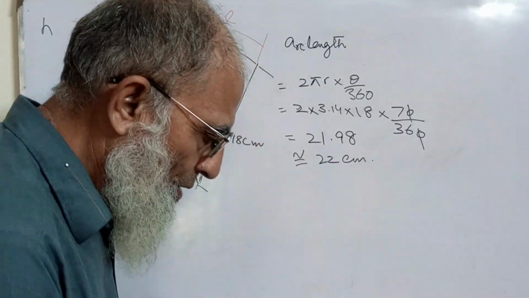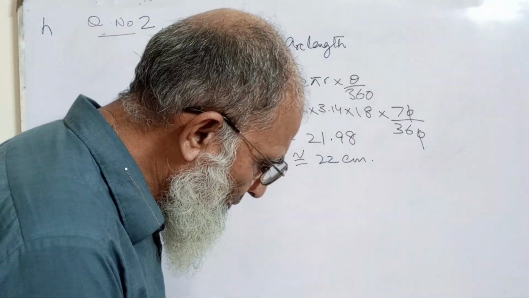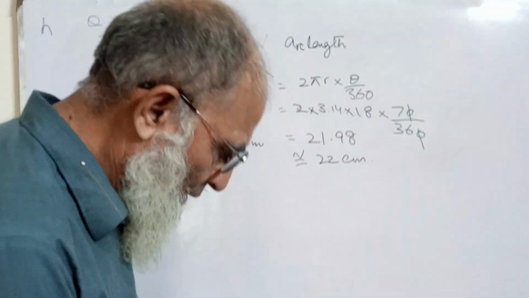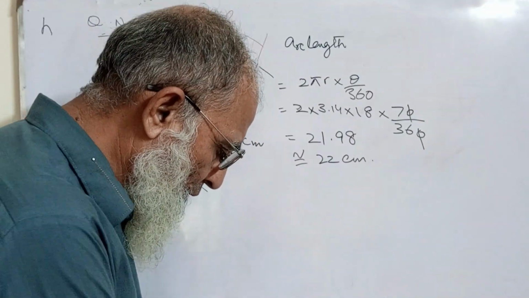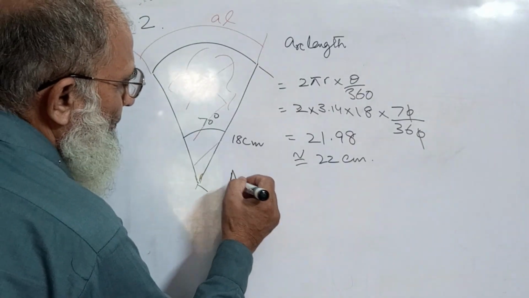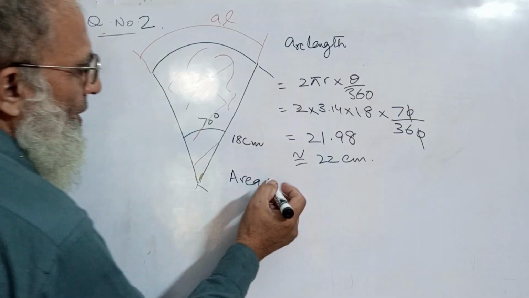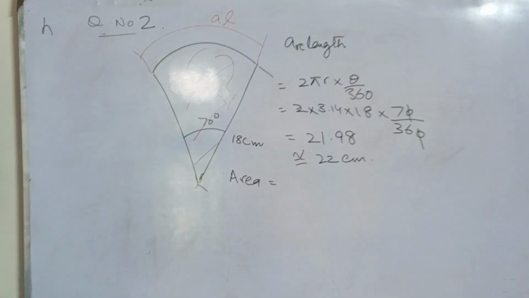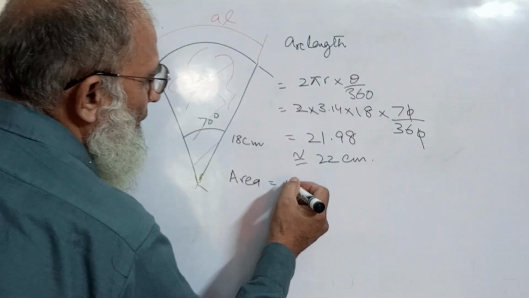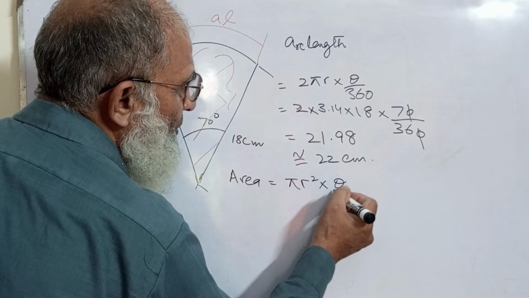Okay, again we have to check the answer. Okay, fine, good, correct. And area, but area will include all this. The formula of area will remain the same, that is pi r square multiplied by theta upon 360.